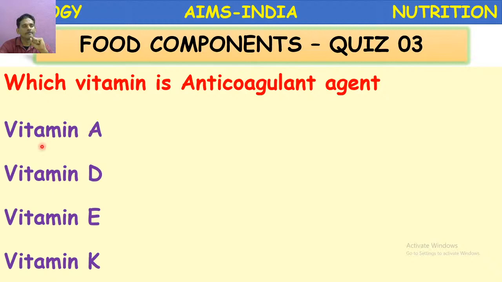So vitamin A, D, E, K. Among these, which is the anticoagulant agent? Vitamin K. Vitamin K is the agent which helps in the clotting of blood.